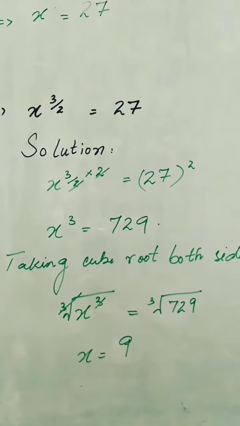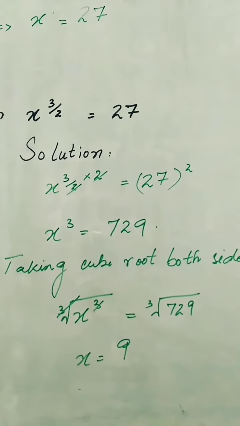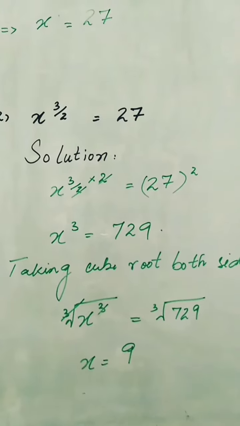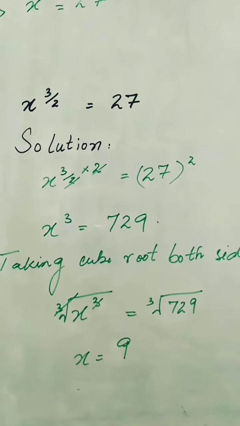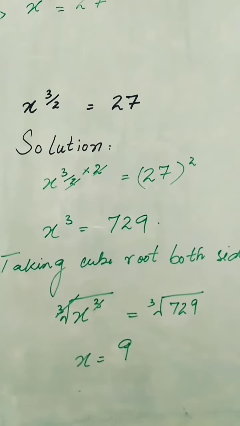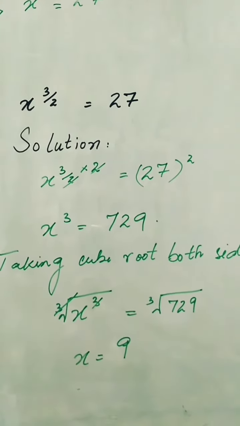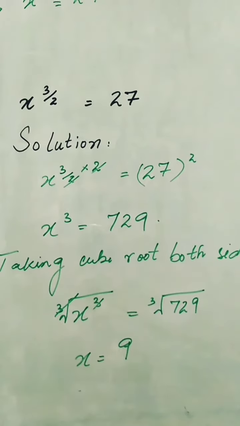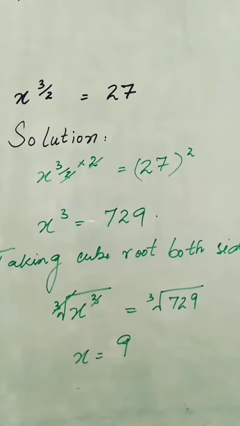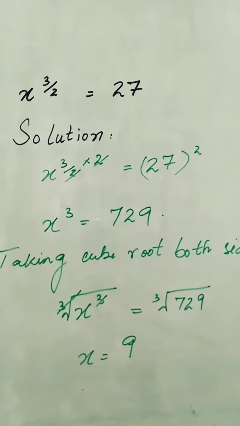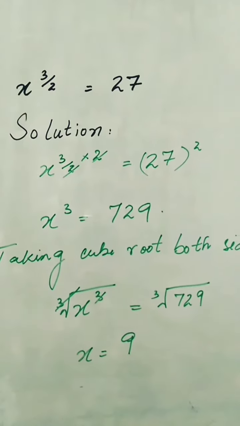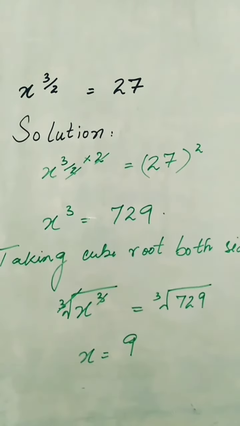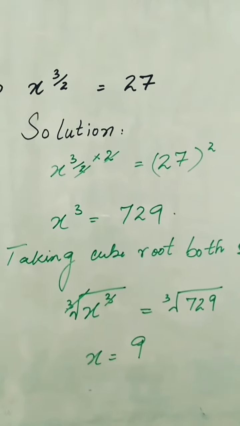There is another question in which the value of x is x raised to the power 3 over 2 is equal to 27. In order to remove the power, first we will take the square on both sides. Now the question becomes x raised to the power 3 over 2 multiplied by 2 is equal to 27 raised to the power 2. The 2 will be cancelled out with the 2 in the power of x, and x remains as x cube, and the square of 27 is 729.